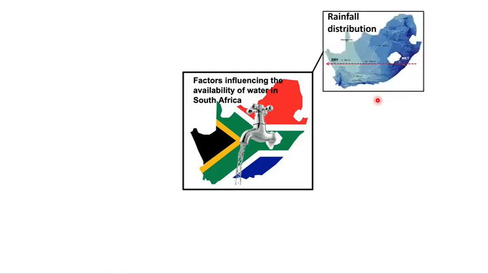Firstly, the rainfall distribution. If you look at the rainfall distribution of South Africa, then you will know that you get most of your rainfall here on the East Coast and less there. So from here you get lots of rainfall and it gets less and less. You know why?